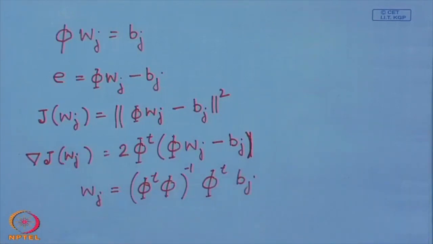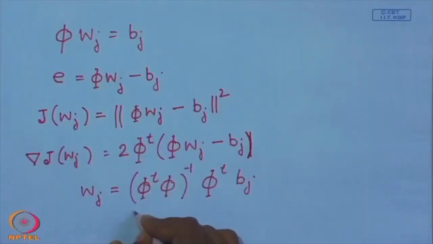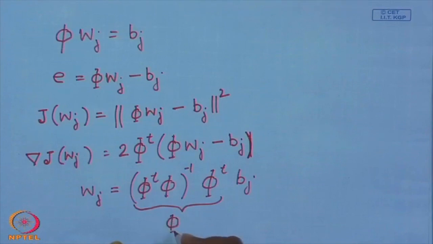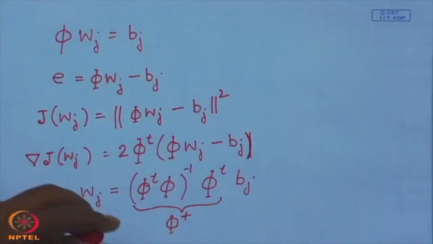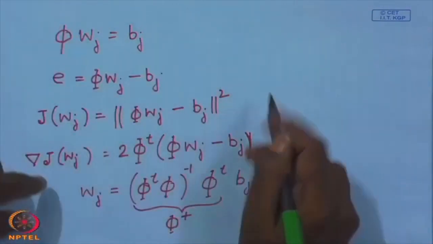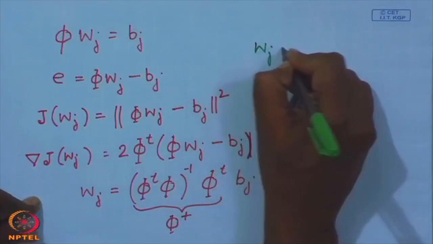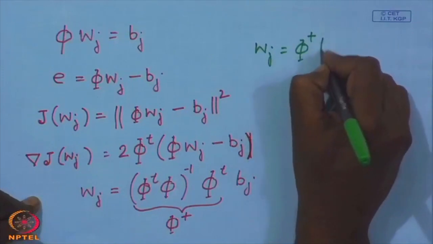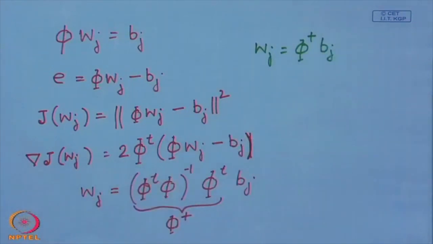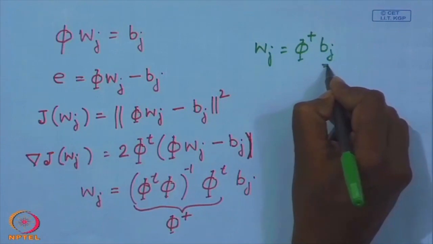And as we have seen earlier, this phi transpose phi inverse into phi transpose is what is called the pseudo inverse, and that is represented as phi plus. So, by this pseudo inverse technique, we have w j is equal to phi pseudo inverse into b j, where b j is defined beforehand.